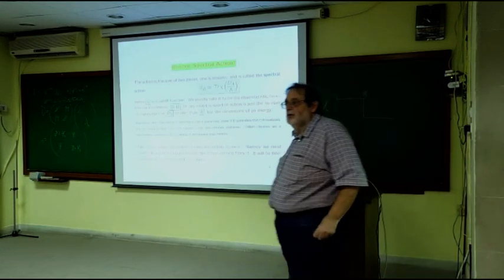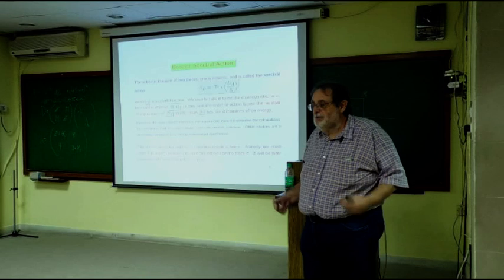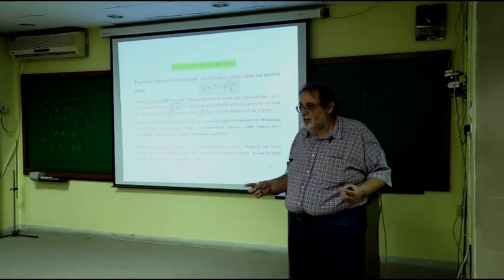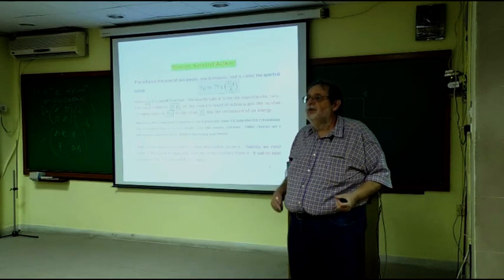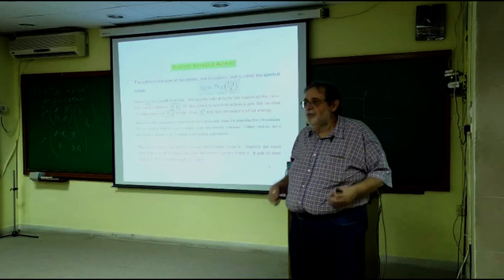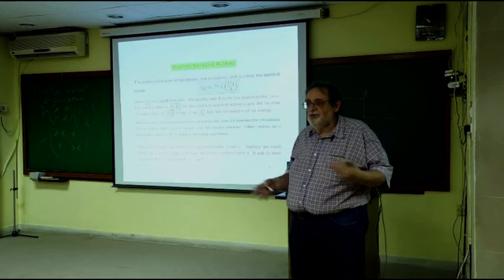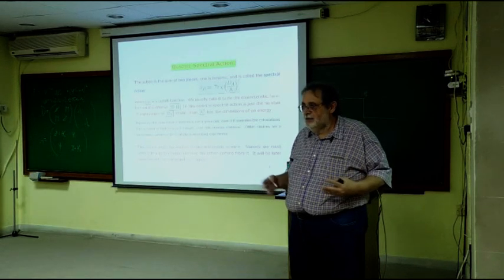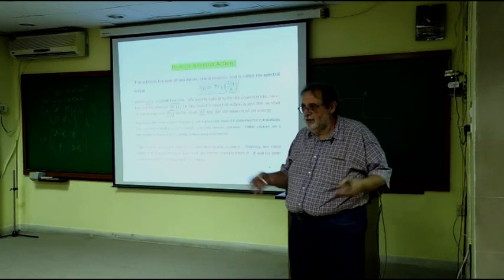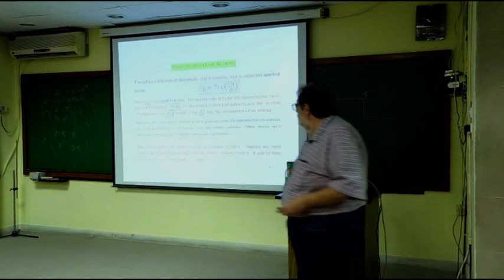I put this action in a path integral, which means that I sum over all possible configurations of the field with a measure. And this gives me the partition function of the theory. Then if I want to calculate average quantities of operators, I just put the operator there and I calculate it. So this is what I need.